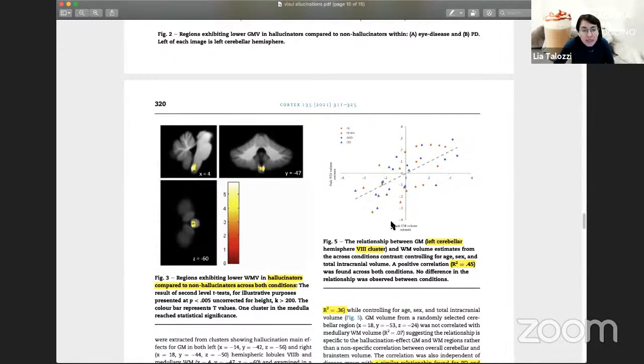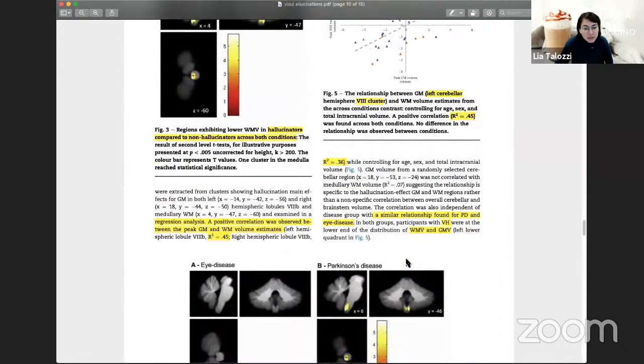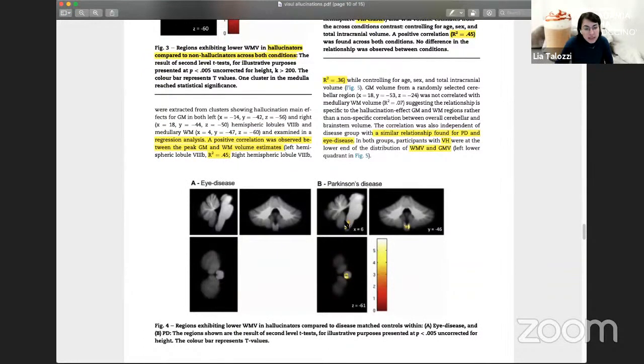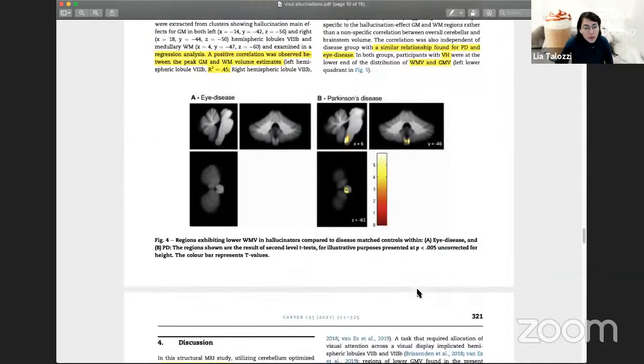And in particular, they say that when you have hallucination, you are in this part of the scatter plot. And so you have both. There is an agreement of gray matter loss and white matter loss. Instead, you have this agreement also when you have not presented hallucination, but it is driven here. So this is consistent when you have hallucinations. And here, as I was saying, is more in the Parkinson's disease group here in the medulla.